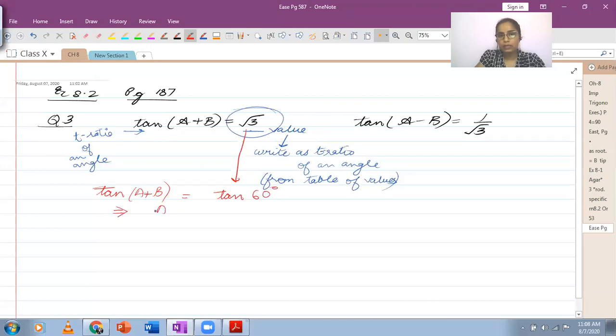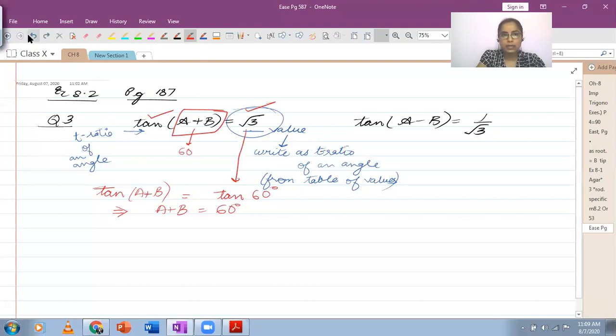From here, we have the value of the angle as 60 degree. You can also think of it this way: for which angle will tan be root 3? So from here you can know that A plus B should be 60. Only then tan A plus B will be root 3. This is another way of doing it.